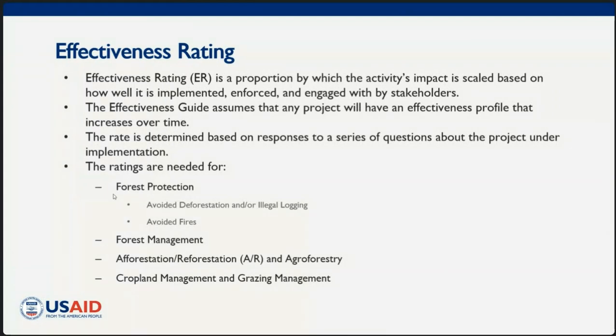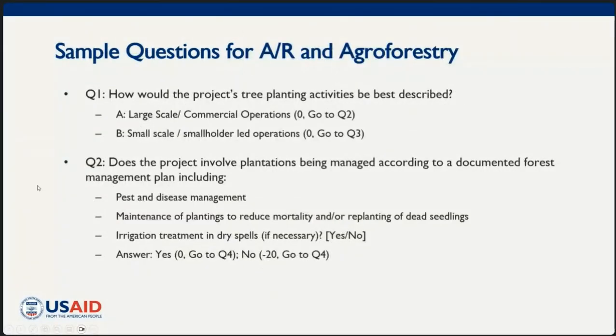If I take the example of afforestation, reforestation, or agroforestry, I've taken this example because from what we found with the SERVIR project, there is potential that farmer managed natural regeneration is an agroforestry activity. So we've just taken that as an example. The first thing that you are requested is that effectiveness rating.